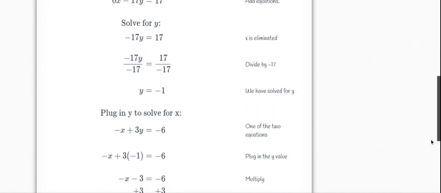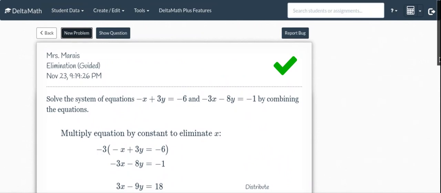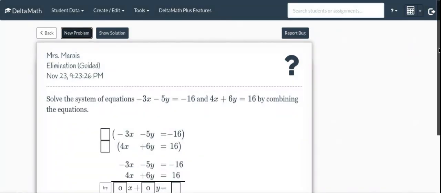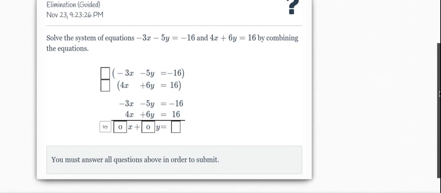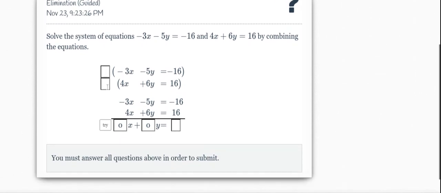Now, it brings me through all my steps. I can do another problem. I can use this here to help me. I'm going to first decide if I'm eliminating my x's or my y's.